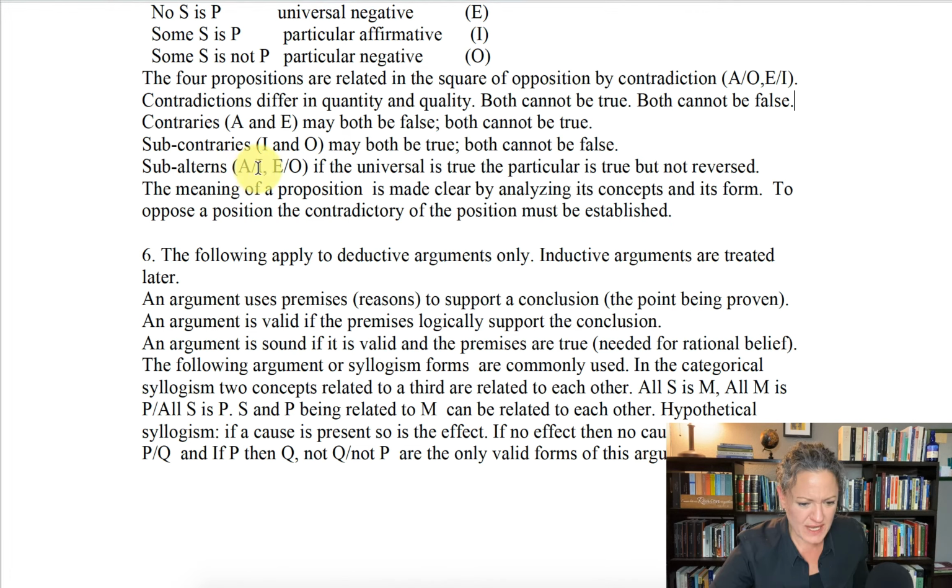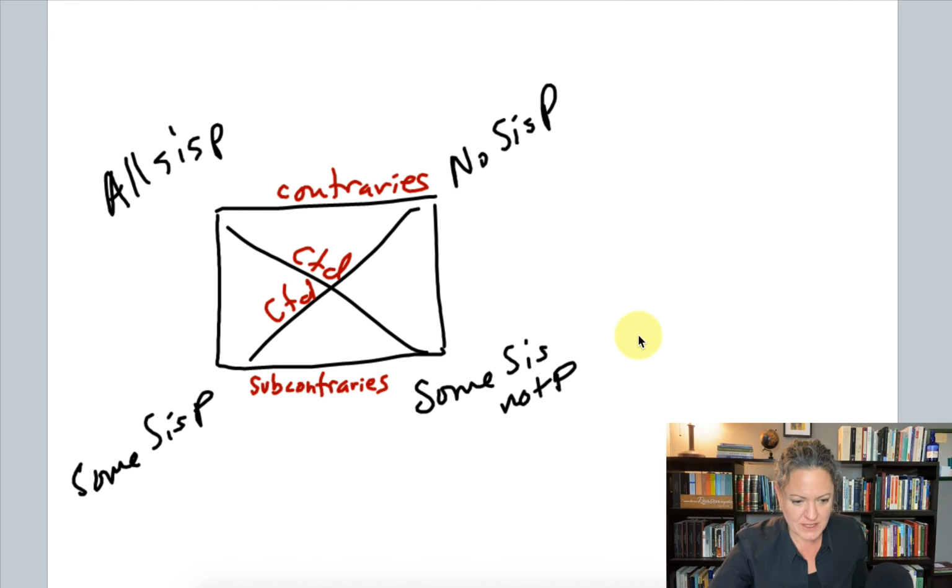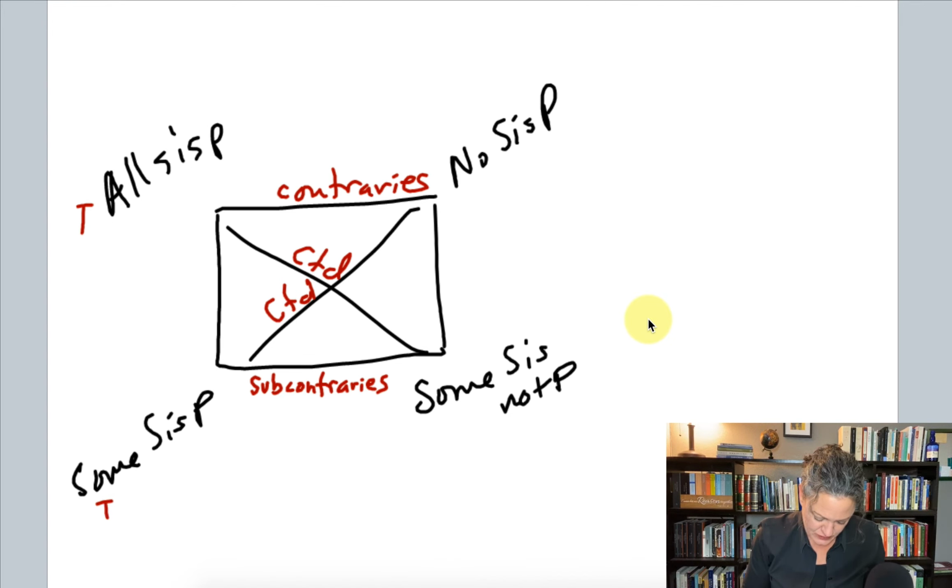Subalterns, which is A and I and E and O. If the universal is true, the particular is true, but not the reverse. So let's draw that. Let me show you what that means. If A is true, then I is true. If the universal is true, then the particular is true. So if all iPhones are Apple, then some iPhones are Apple too, because some is included in all.